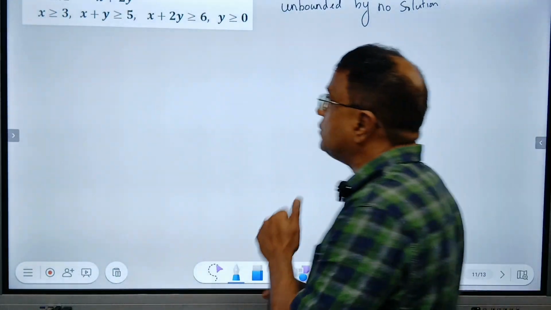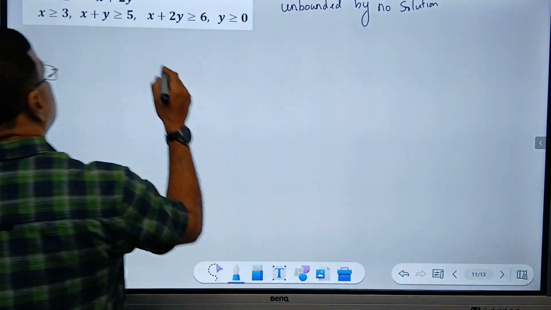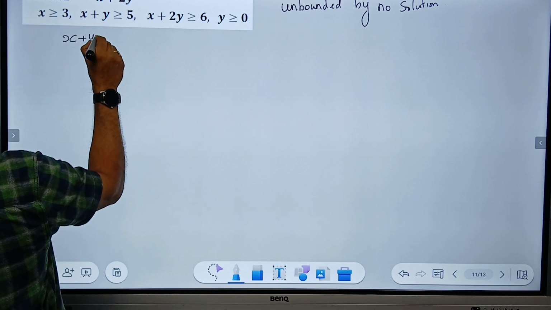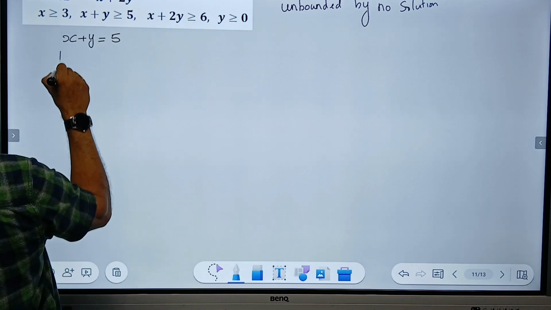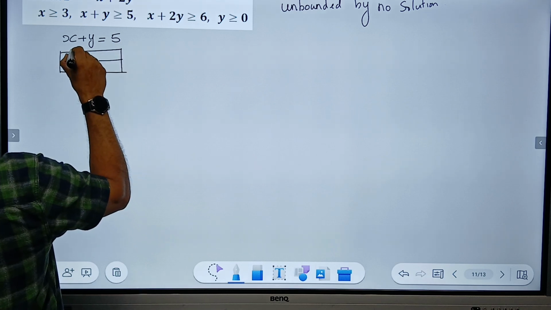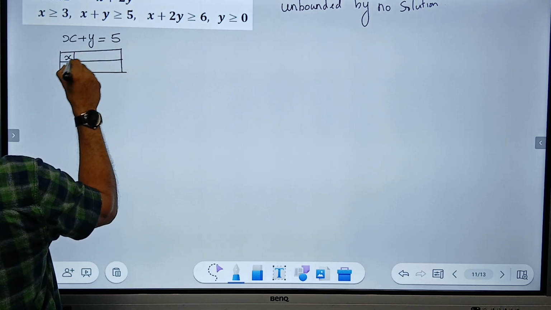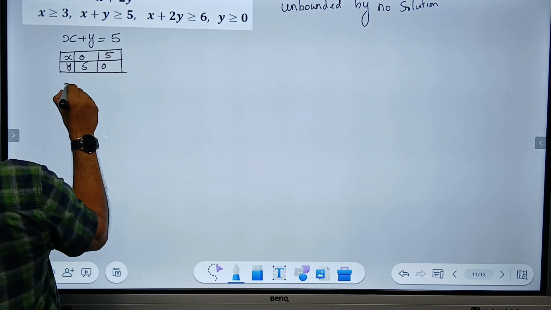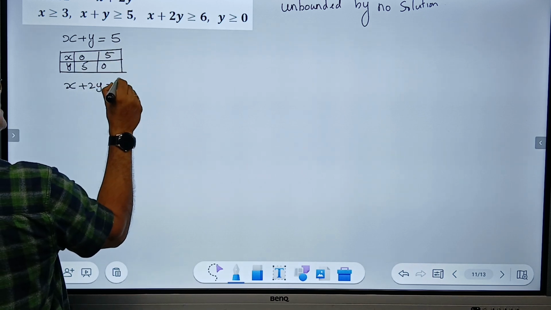Okay. Now let's go to this problem. So first of all, let me take the equations. First I will take difficult equation like x plus y equal to 5. It has both x and y, that is why I say it's difficult. X is 0, you get y is 5, y is 0, x is 5. And this is x plus 2y equal to 6.